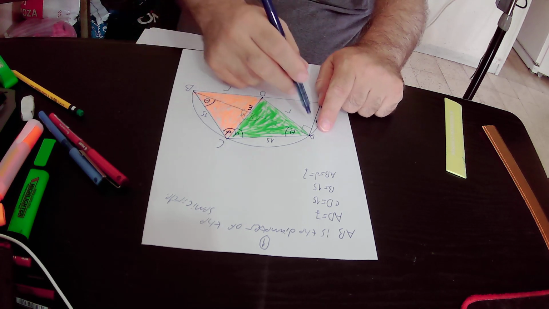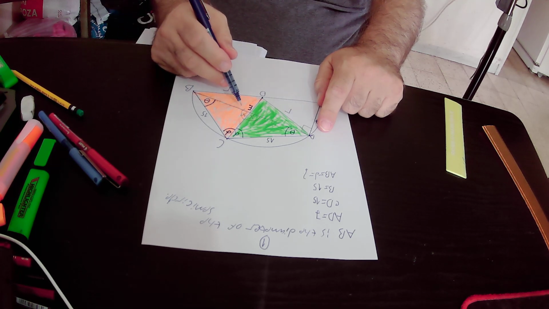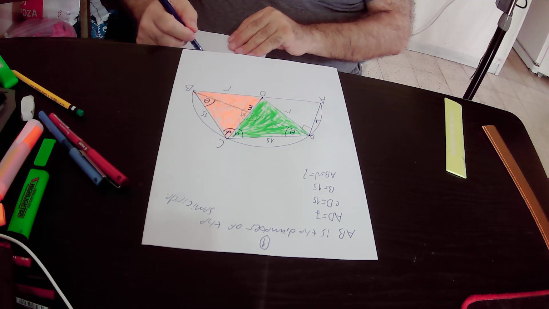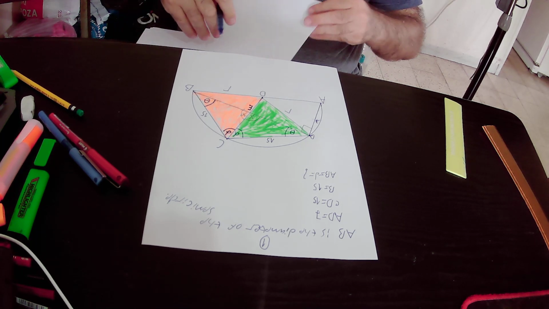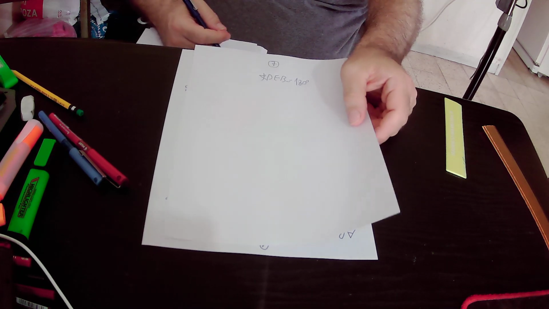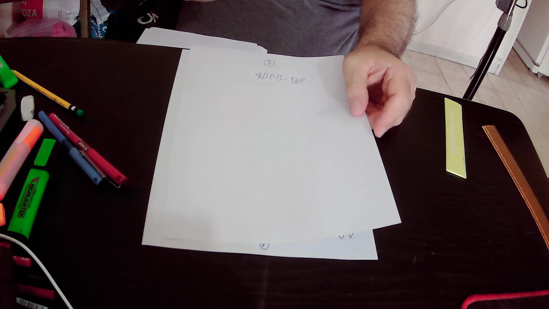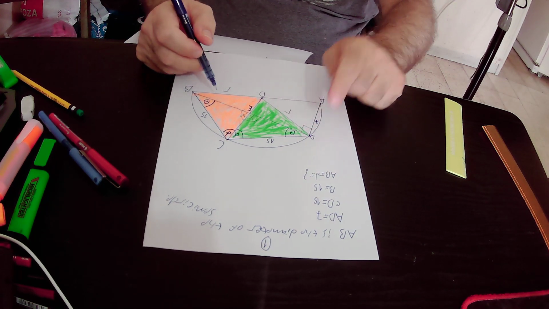So angle DEB, according to rule number 3, equals 180 degrees, because the sum of the angles on a straight line is equal to 180 degrees. So this angle DEB equals 180 degrees.